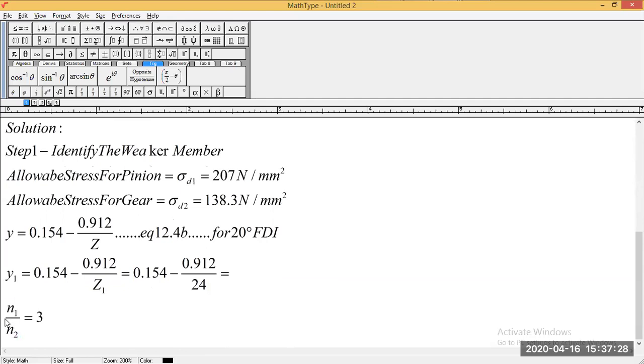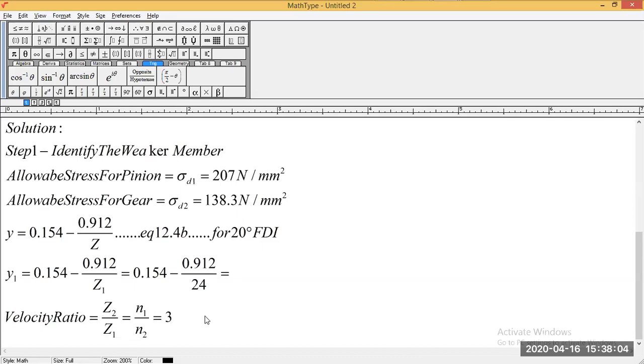Okay. So this here is also equal to, I'll just write, velocity ratio is equal to this. So instead of N1, I can write Z2 over Z1 is equal to.